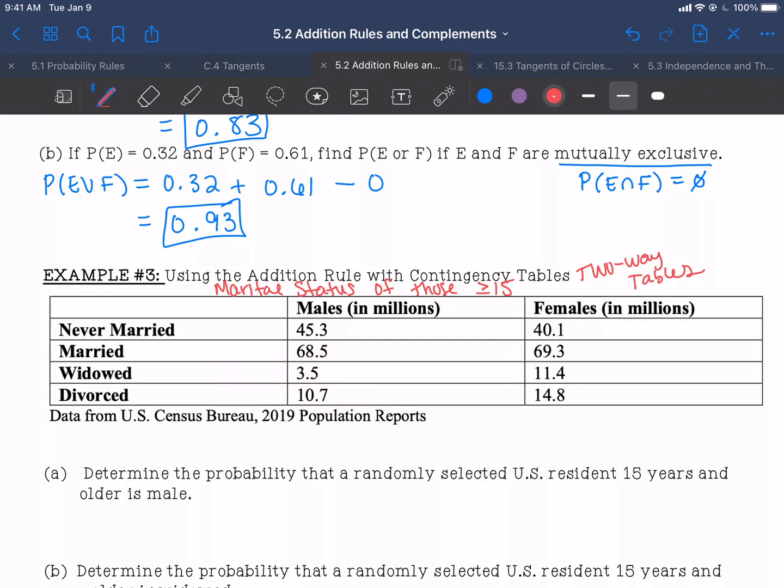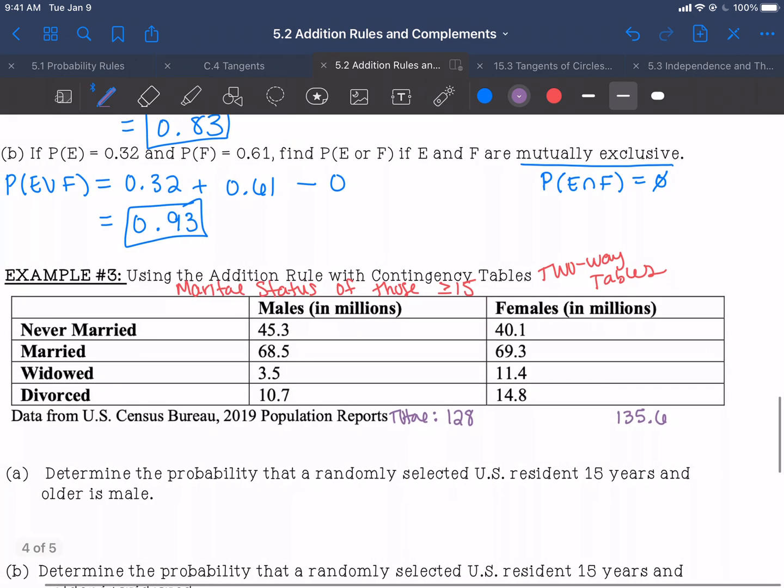So something we have to do with frequency tables is find the totals. First thing we're going to want to do is find the total number of males. So if you add up all of the males together, you get 128, and that would be million. And if you add up all the females together, you get 135.6 million.